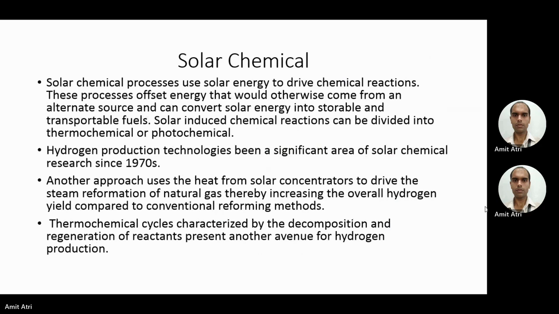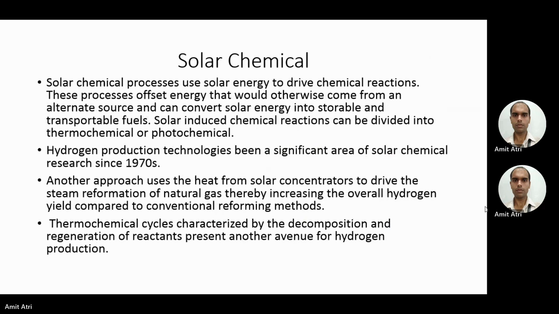So some of these processes, like the very common one, that is hydrogen production and the process of steam reformation of natural gas, of methane. So we have also discussed this topic in another lecture in detail, and I will share the link there also, how natural gas can be used for producing hydrogen using the steam methane or steam natural gas reforming.